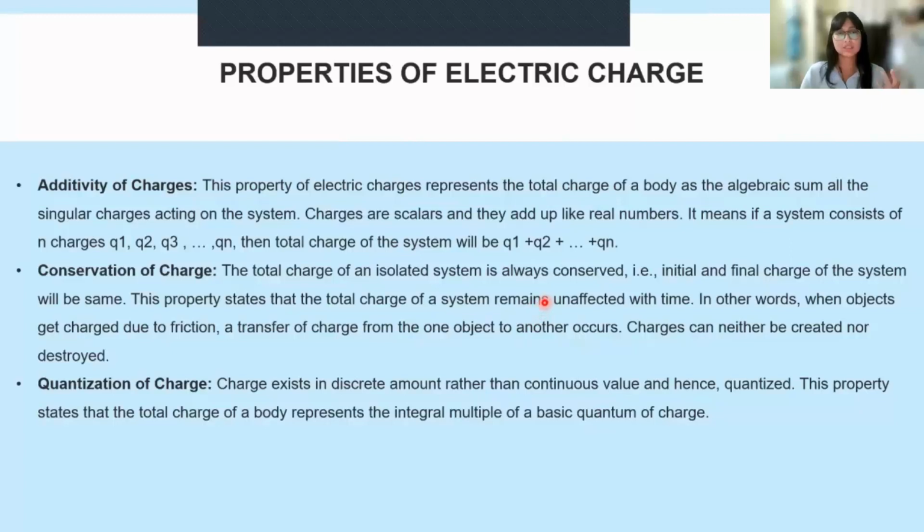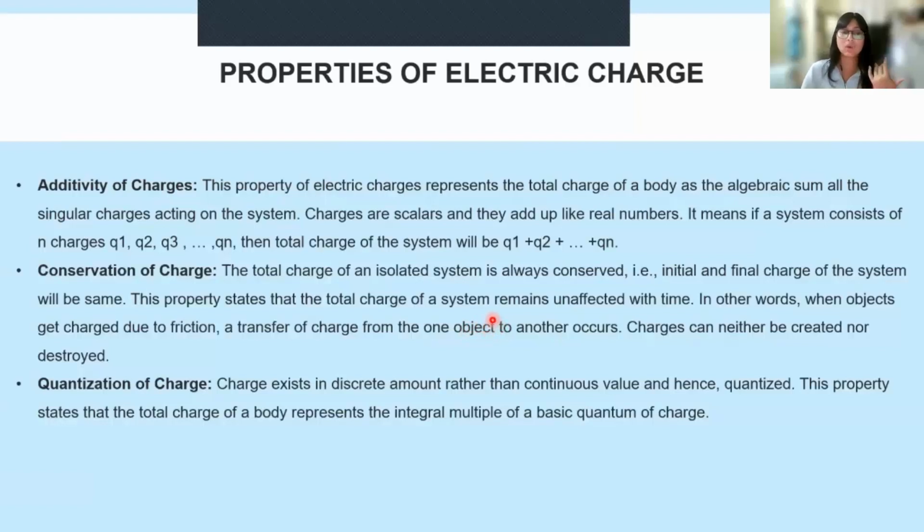When objects get charged due to friction, there is a transfer of charge from one object to another, but the total charge of the system, of both the objects and the transfer between them, is going to remain the same. Whatever one body has gained is the charge that has been lost from the other body, so the total charge would be the same for the system.